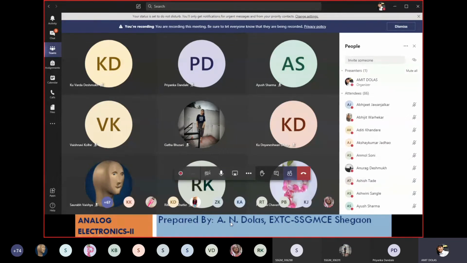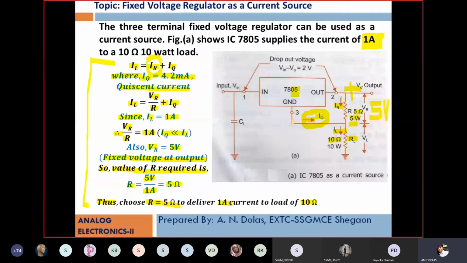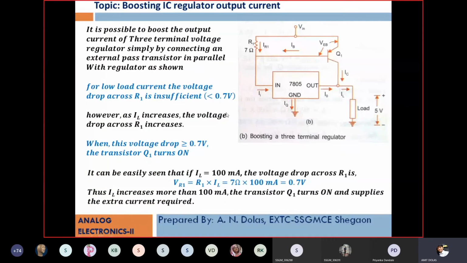So here I'll move to the next PPT, boosting the output current of this IC. As I mentioned in the characteristics, this IC has limited output current and the maximum is 1 ampere. So what if the load demands more than 1 ampere current?